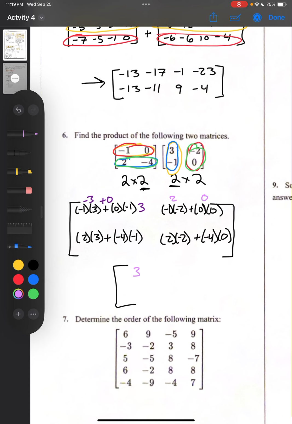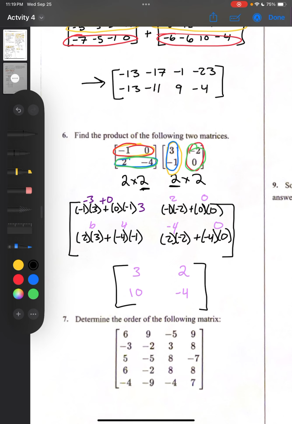That's a 0. 2 plus 0 is just 2. 2 times 3 is 6 plus 4. That gives you a 10. And lastly, this is a -4 and a 0. -4 plus 0 is just -4. So that should be your final product at the end.